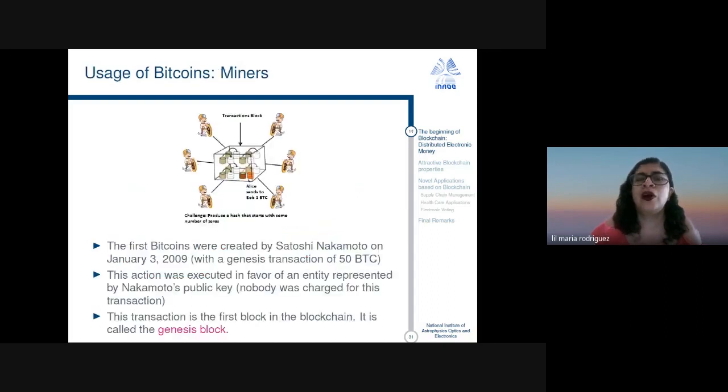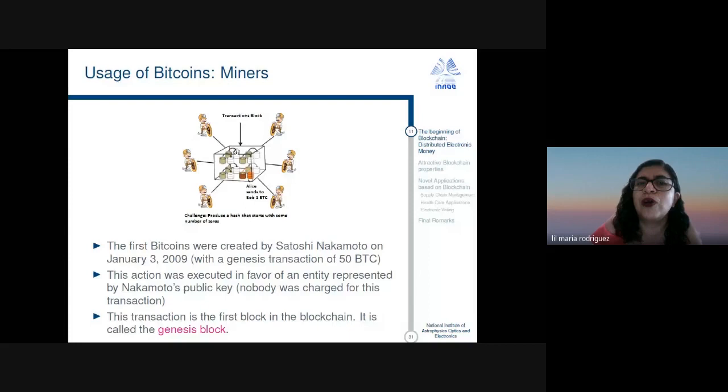Okay, so the miners. These are special nodes that help with the consensus algorithm. The transactions are accommodated in a block, and the miners try to solve a cryptographic puzzle, which is a challenge.